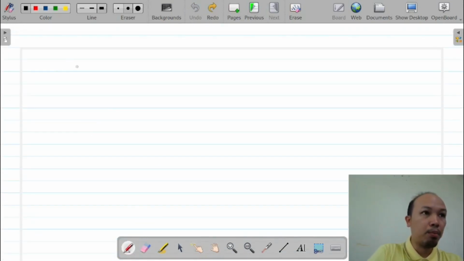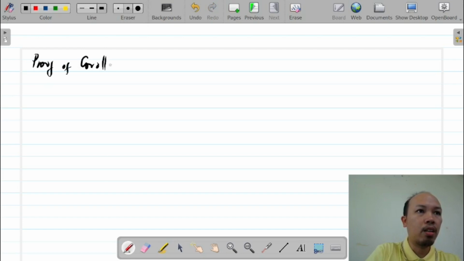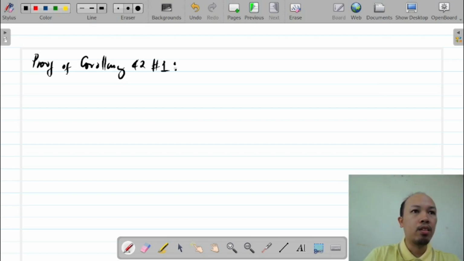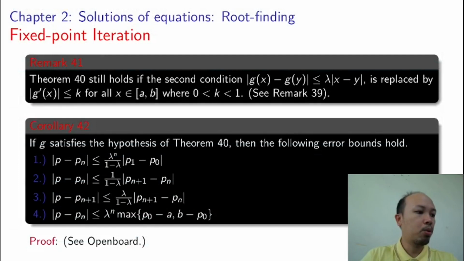So this is the proof of corollary 42, number 1. Okay, so I am going to leave the rest of the parts of corollary 42 in your hands.